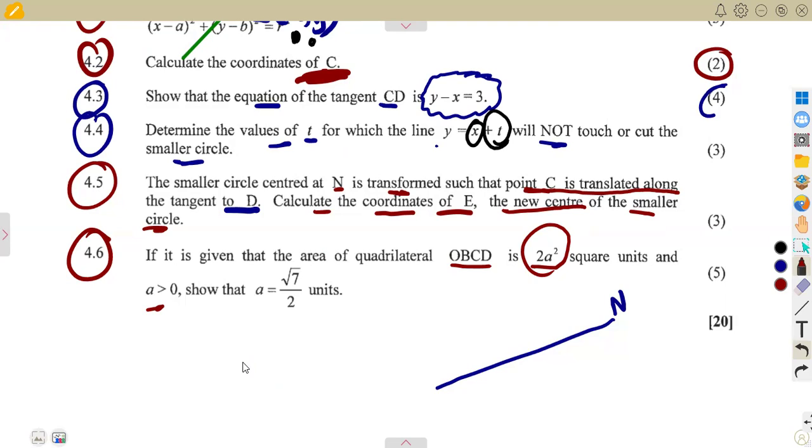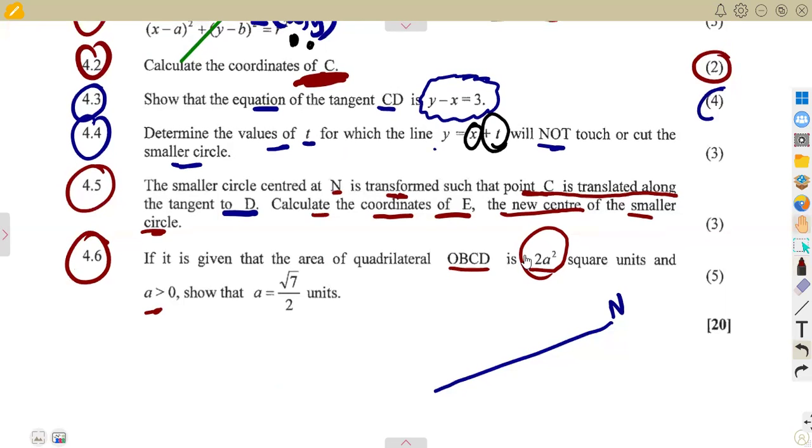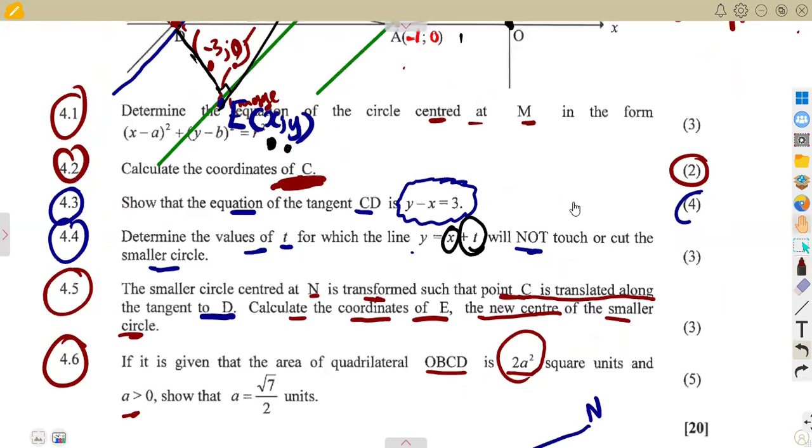So it means we must have somehow that quadrilateral. Let's go to the quadrilateral OBCD. This is where we have it.